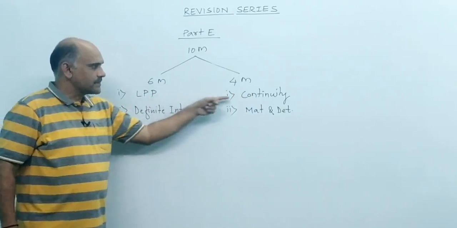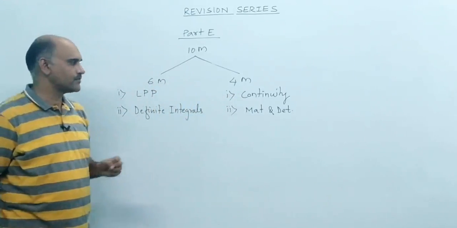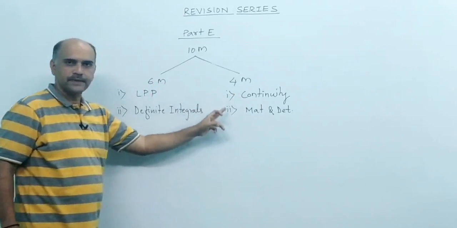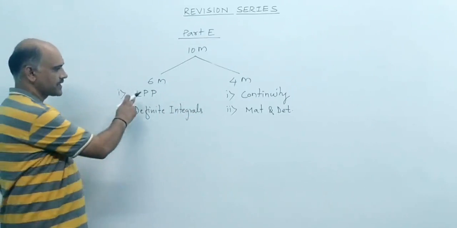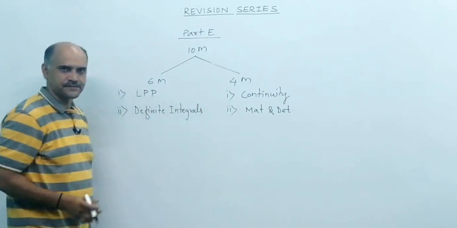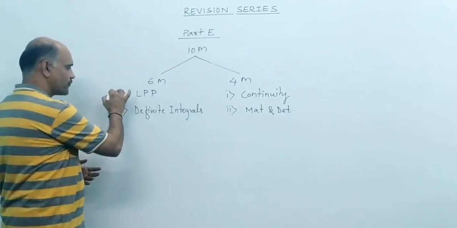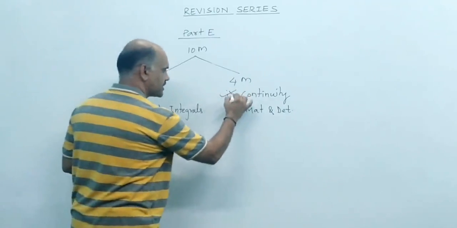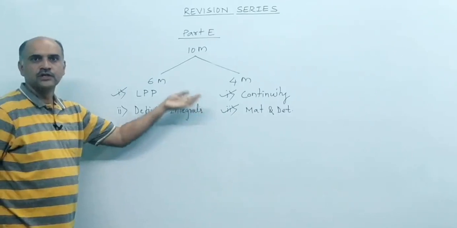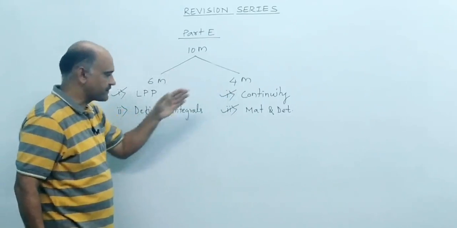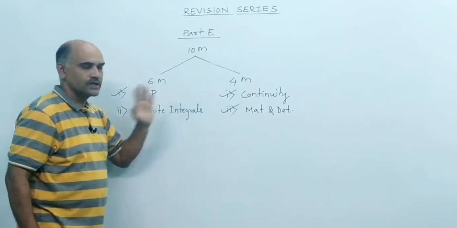So with this he may club either this or this. To have the full 10 marks, you are required to prepare 3 sections out of these 4. Whichever 3 you feel easy, you prepare. If you want LPP, continuity and matrices and determinants, you can go for these 3. If someone feels continuity is difficult, he can go for this, so that you don't lose marks over here.